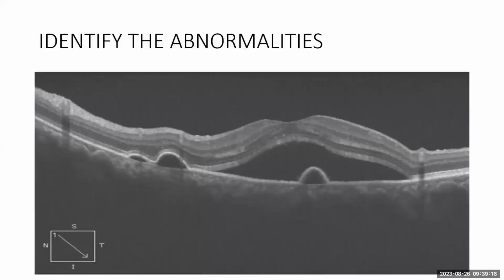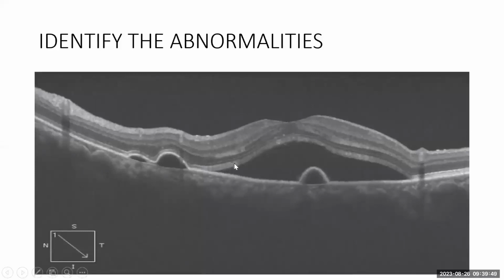I'm just taking the common ones so that we can go through and everybody will have a good view of what we're talking about. So here, there are many things happening. And if you have a scan like this, a host of differentials come into play. So your history and examination will be the key to your differentials. But I'm going to point out a few things for us to see.